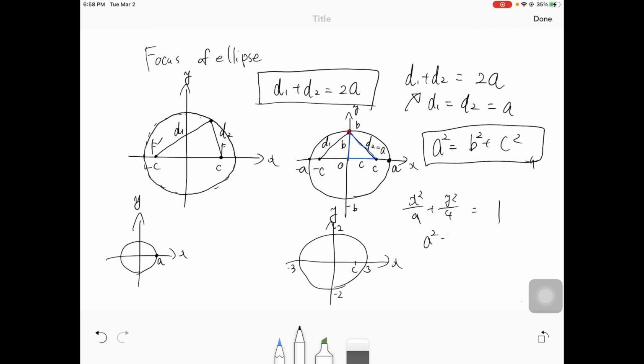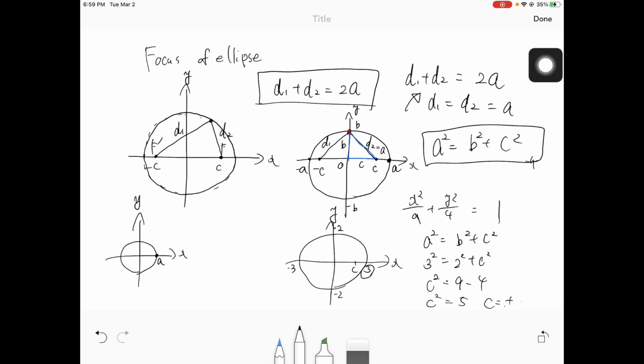And like I said, a squared is going to be b squared plus c squared. And the value of a here is 3. So 3 squared is equal to 2 squared plus c squared. Let's solve this equation. C squared is 9 minus 4, which is 5. So the value of c is equal to plus or minus square root of 5. That's it. So these are all about ellipse.